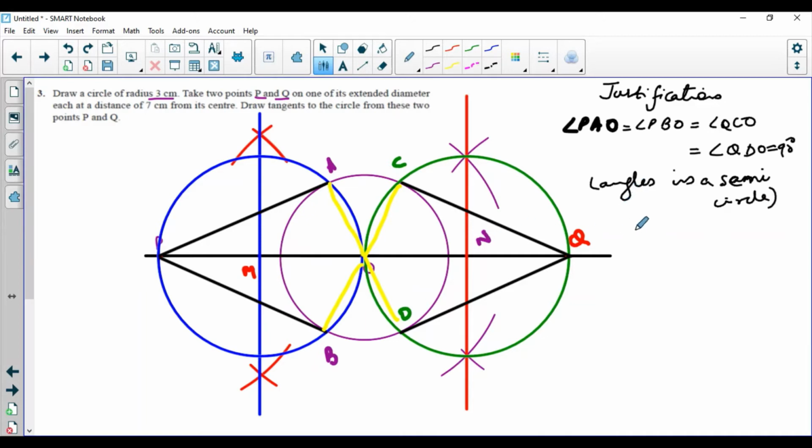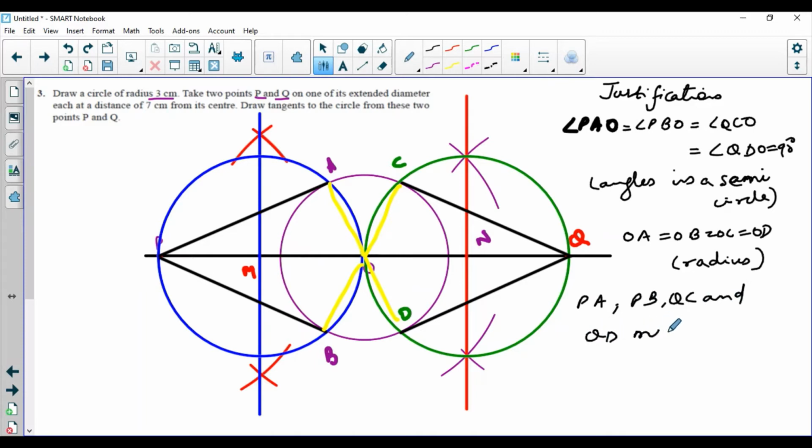Then OA, OB, OC and OD are radii. So PA, PB, QC and QD must be tangents by the radius tangent theorem.